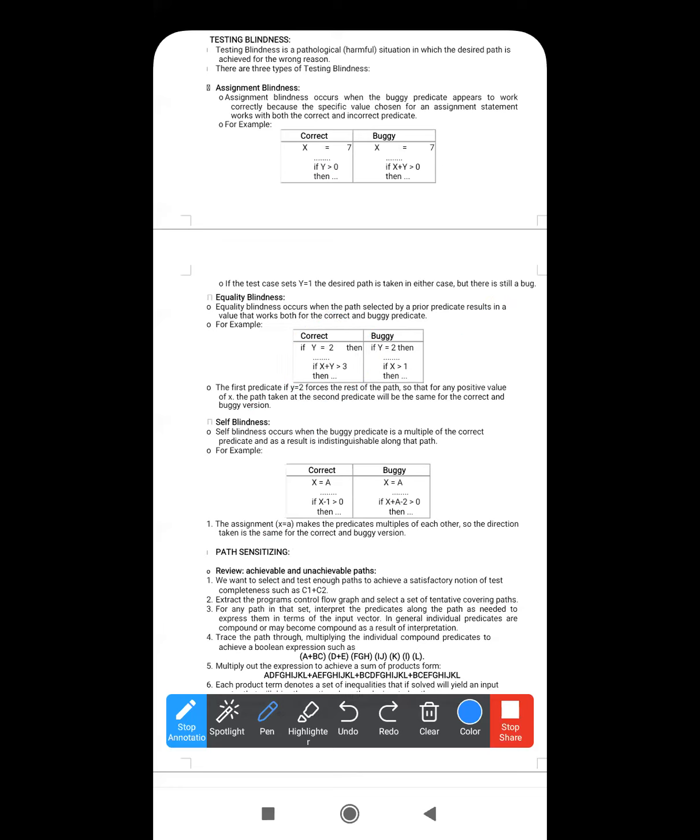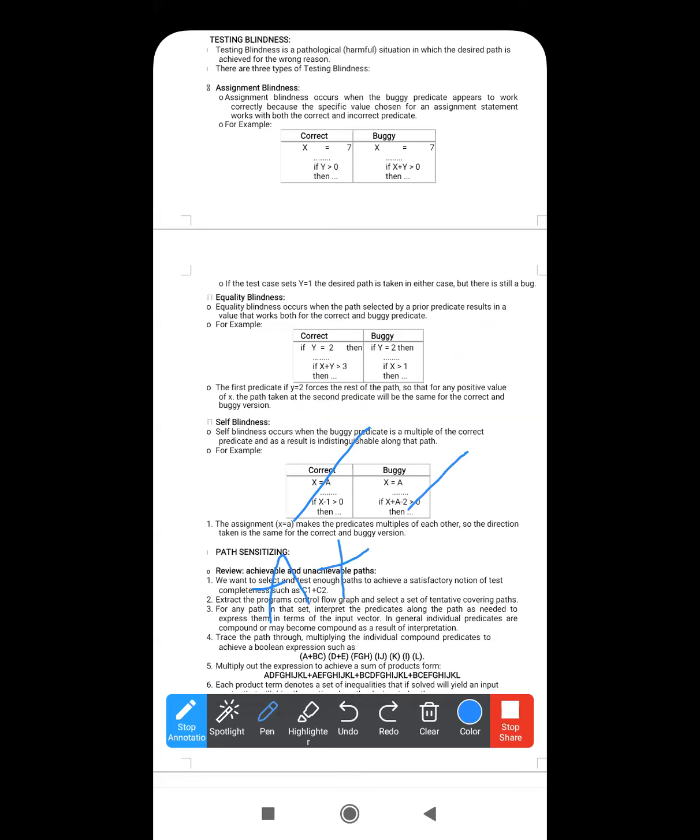Next, self-blindness. X is equal to a, x minus 1 greater than 0. X is equal to a, x plus a minus 2 greater than 0. That means a plus a minus 2. Now what would happen?